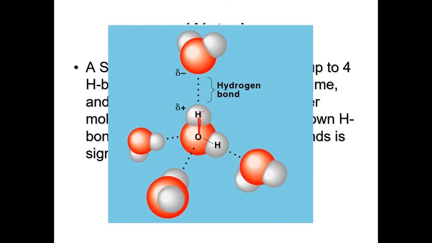You have partially positive on H and partially negative on O. Because of this high electronegativity difference, you create this polarity. So this partially positive hydrogen could form a hydrogen bond with the oxygen of another water molecule. So this is already one H bond for this water molecule. Okay, and then this other hydrogen could form another hydrogen bond with another oxygen of another water molecule.